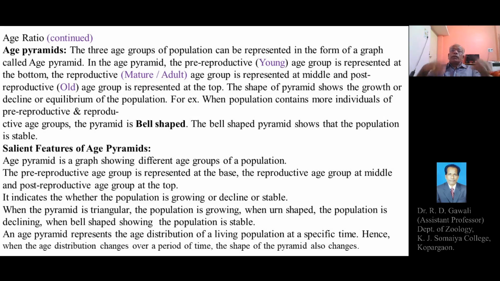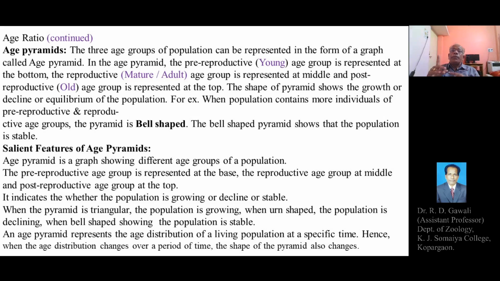We are going to explain various forms or patterns of age pyramids, considering the total number of individuals in each age group of the population, and preparing a graph representing the age pyramid with a variable shape.